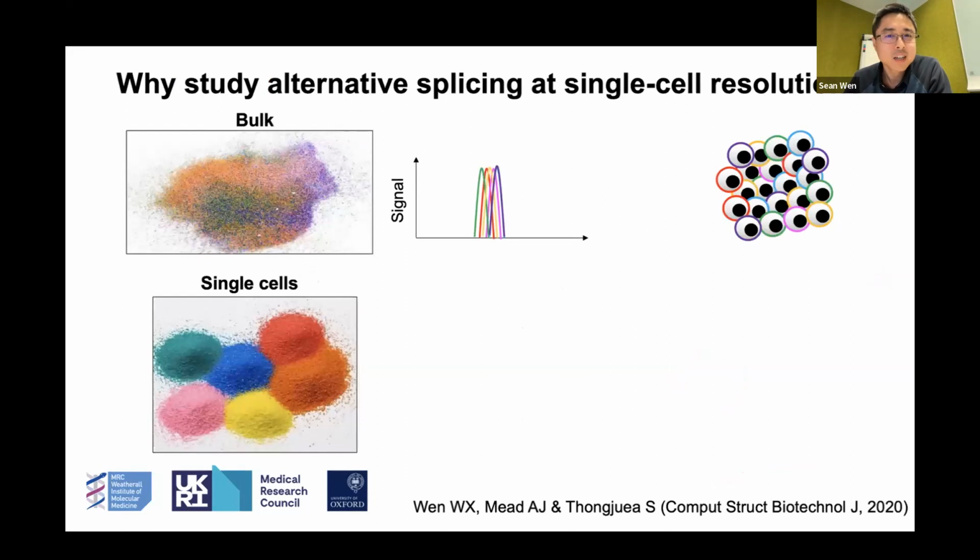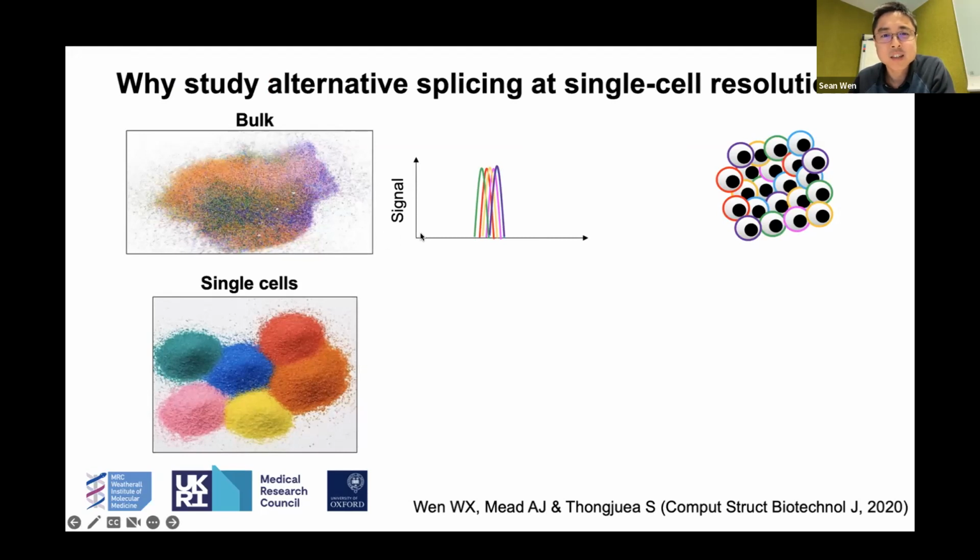So why do we want to study alternative splicing at the single cell resolution? It is, I would say, quite a new area of research, but there are actually good reasons for us to do this. For example, if we look at the top panel over here, this is the bulk RNA sequencing.